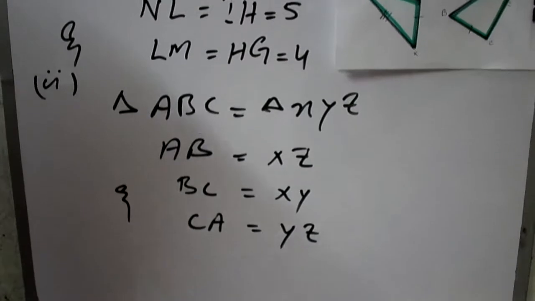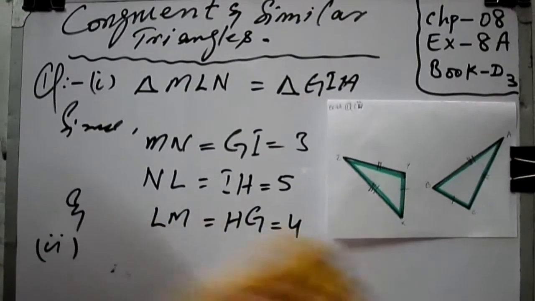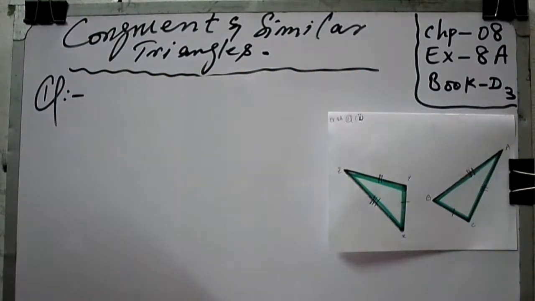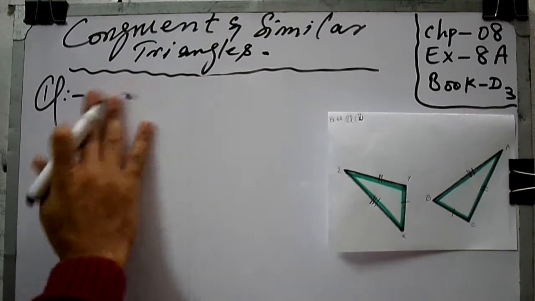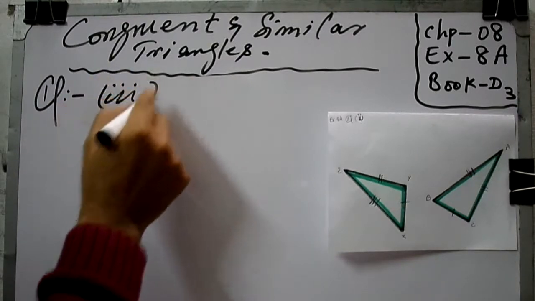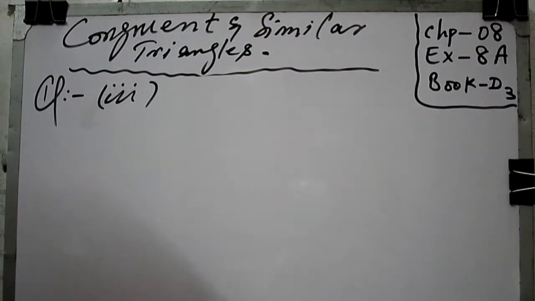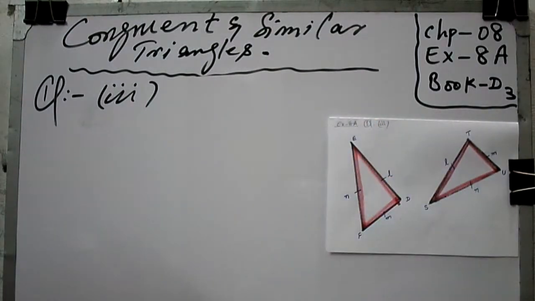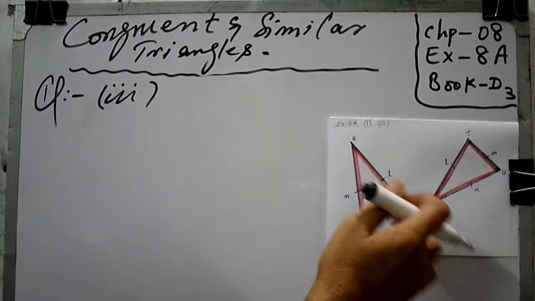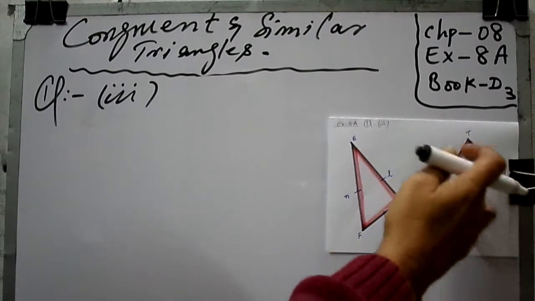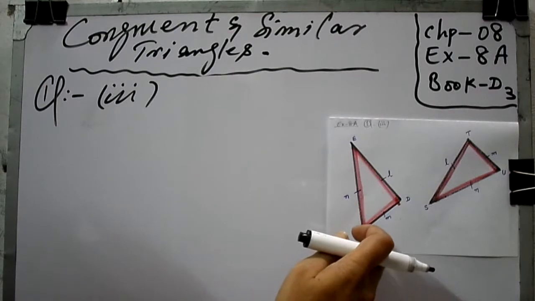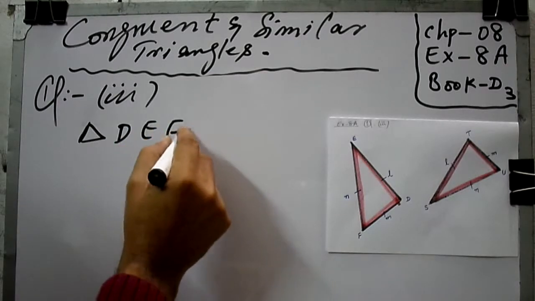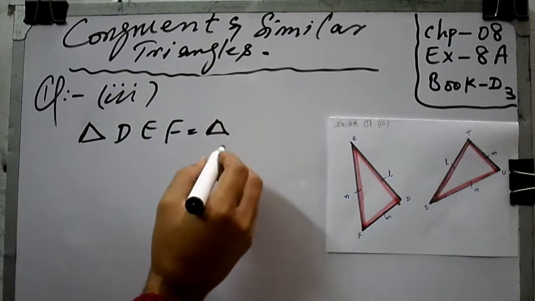Similarly, coming to the third part of this exercise, you can see in this situation that the 3 sides L, M, N are given. The third one is triangle DEF, which is equal to triangle UST.